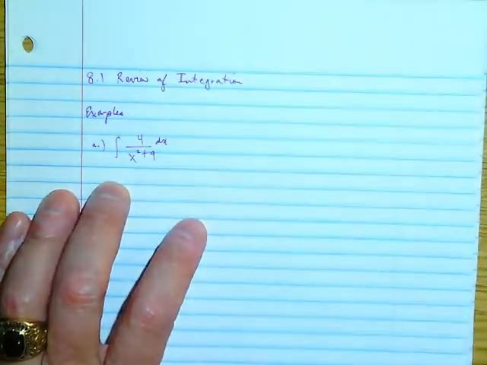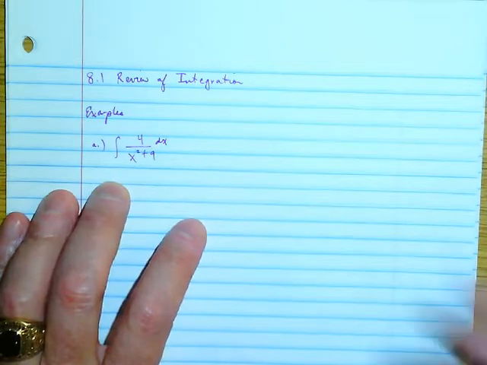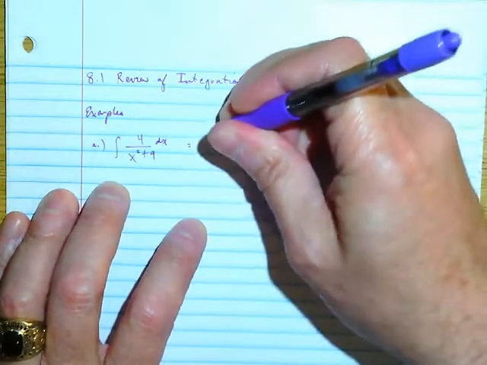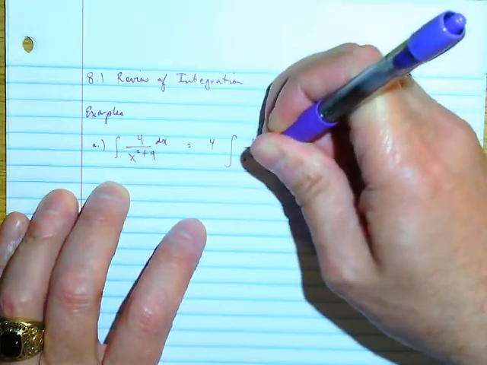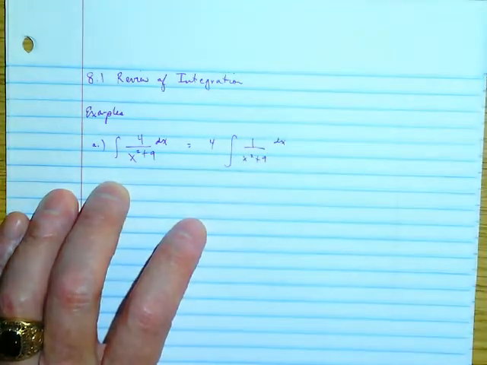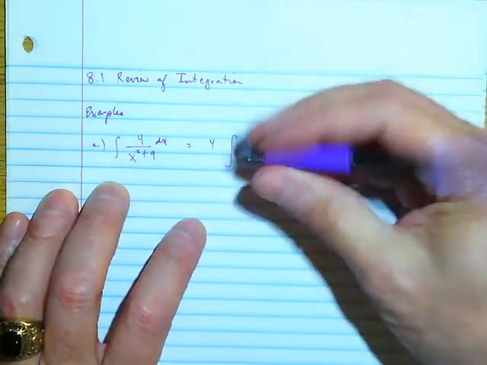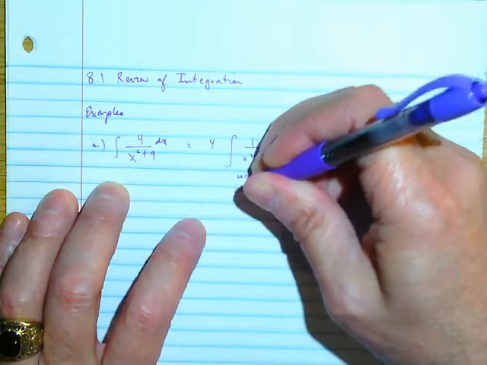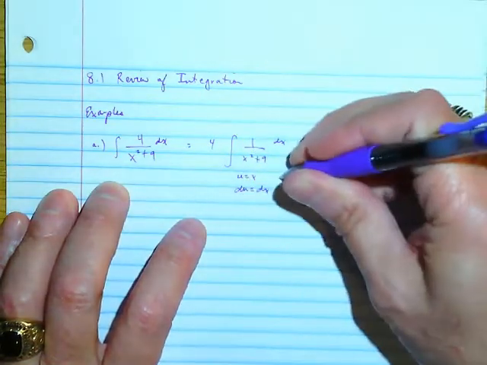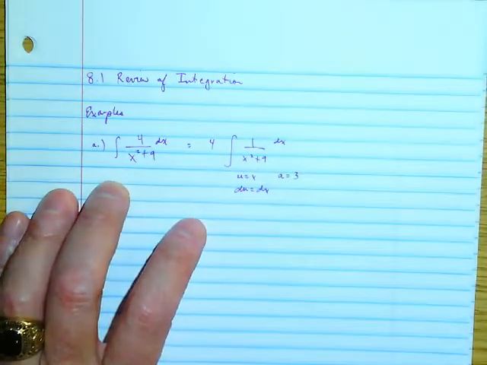Any other ideas? Oh yeah, all those inverse trig ideas, right? So this 4 could come out. We could say 4 times the integral of 1 over x squared plus 9 dx. This looks like u equals x, du equals dx, a equals 3.